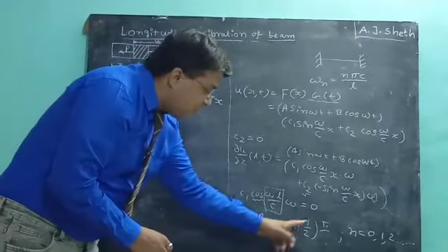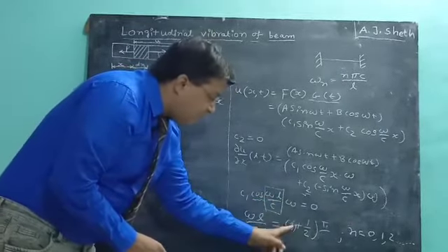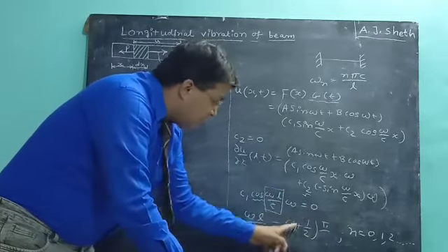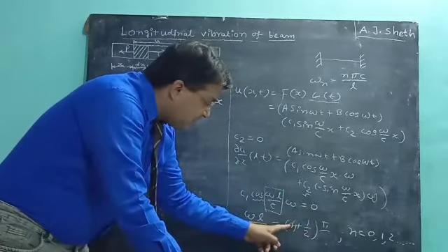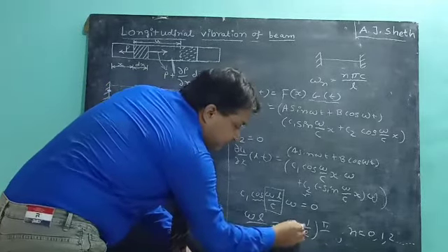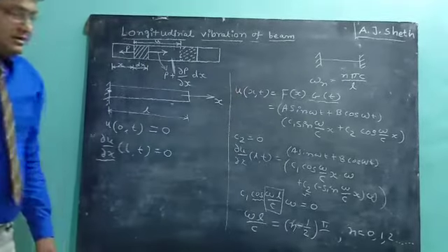When we put 0, it is pi by 2. When we put 1, it is 3 pi by 2. So it is n minus half, if n starts from 1.